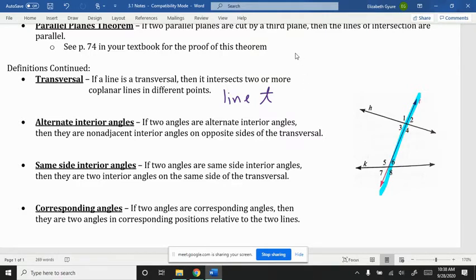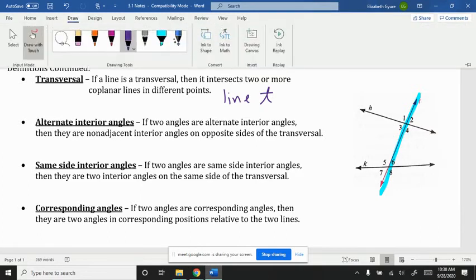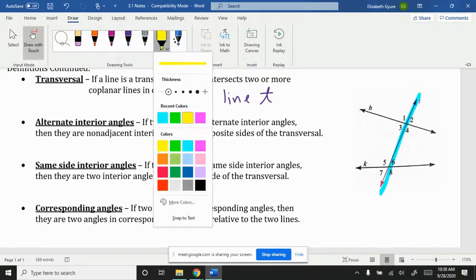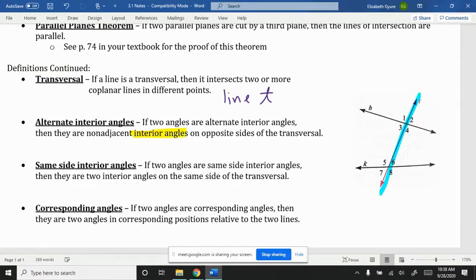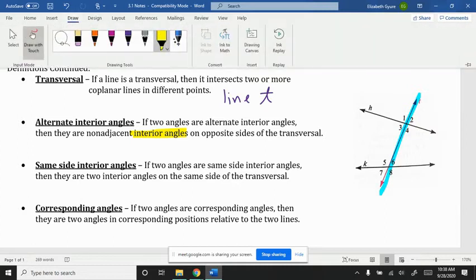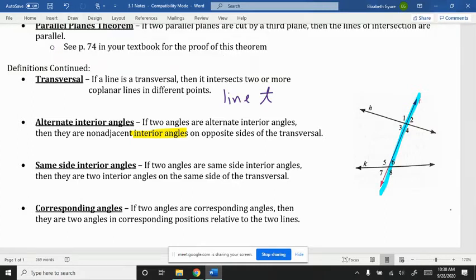Another important thing, and we'll pick out a few pairs in a second, but notice here how it says interior angles. It's going to be important to be able to distinguish between interior versus exterior angles in these pictures. Interior angles are literally the angles between the lines that are being cut by the transversal. So if we're referring to our interior angles here, we can make a little list. So our interior angles are the ones, again, between the lines being cut by the transversal.